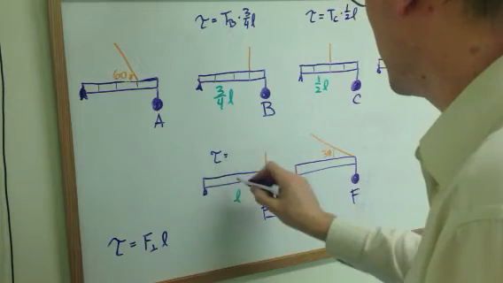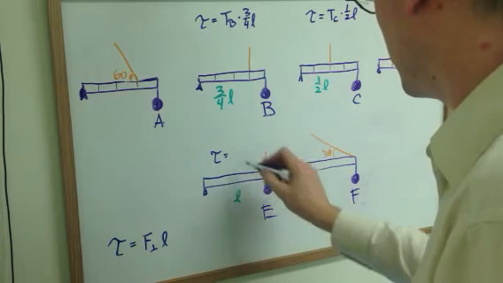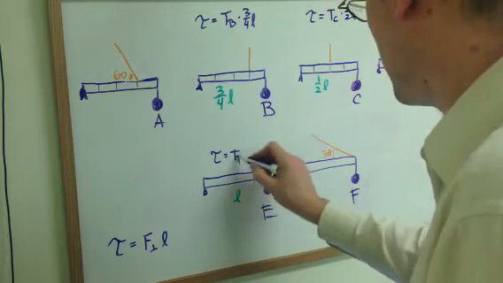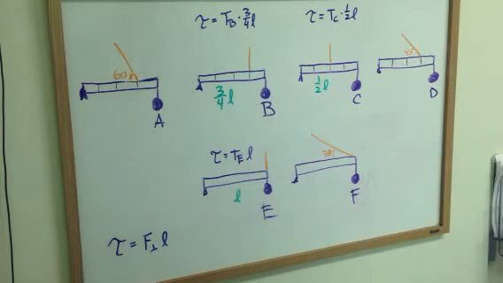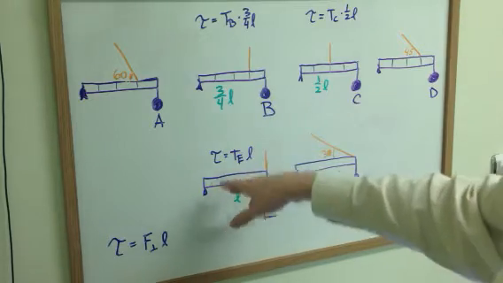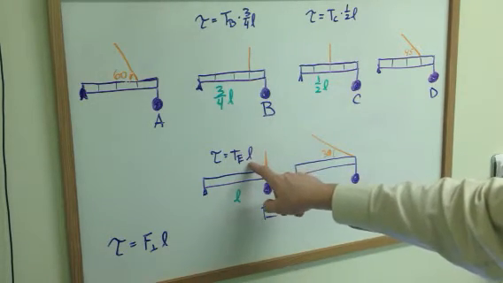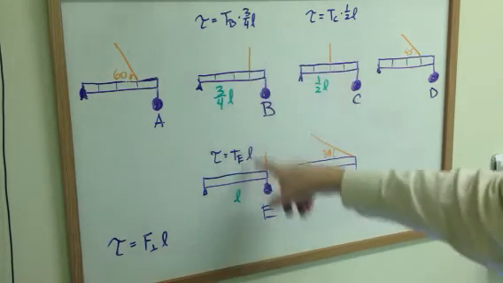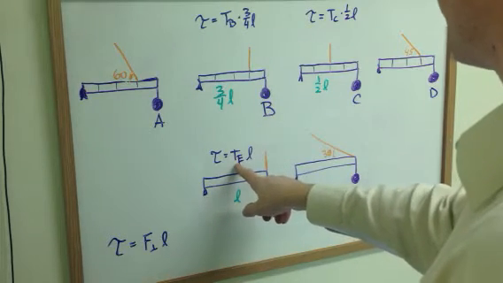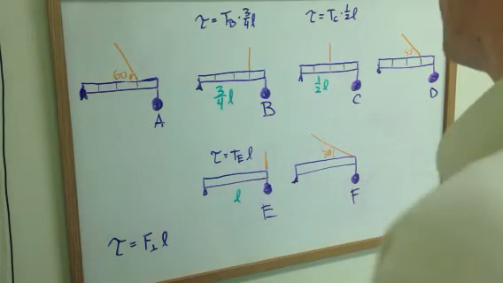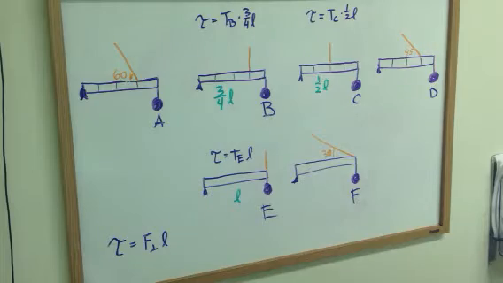This torque is tension E times L itself. So these guys all have torques that are proportional to L, but if they're going to all be equal, then, well, actually, no, let's do it right now.